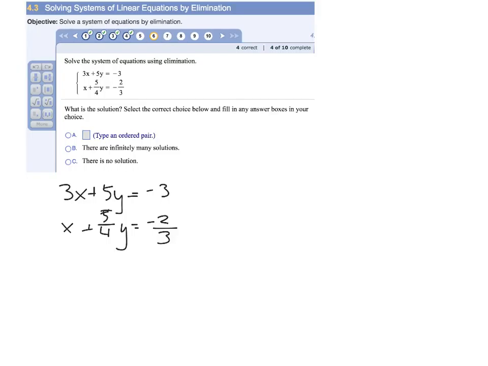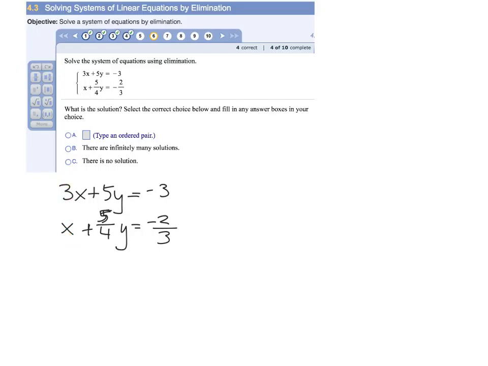Now, do we have any opposites? Nope, we don't have any opposites. And so what that means is we need to create opposites. And I see that I have a positive 3x. If I multiply this guy by negative 3, suddenly I will have opposites.